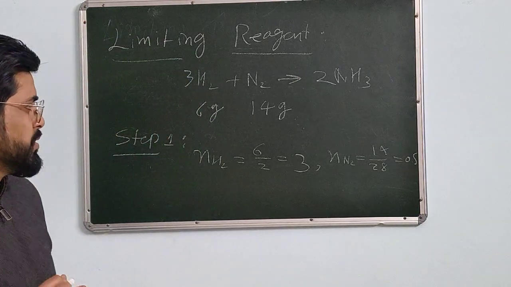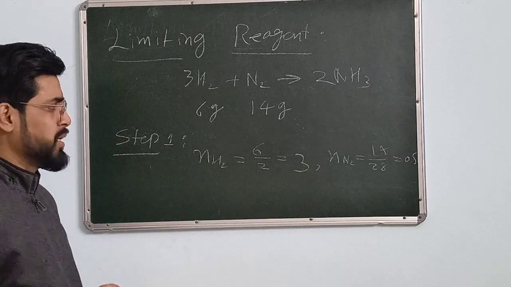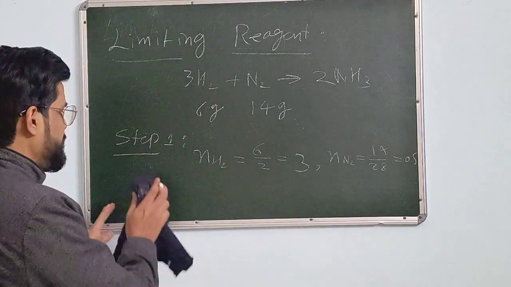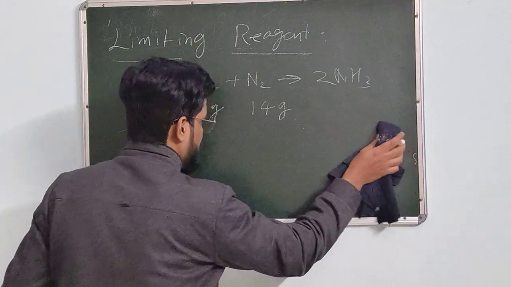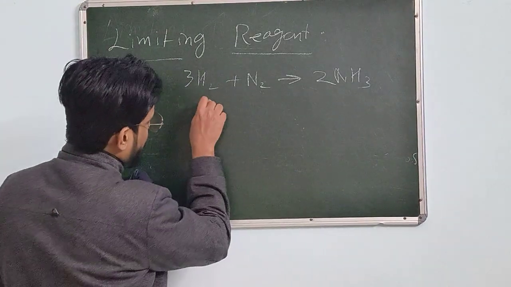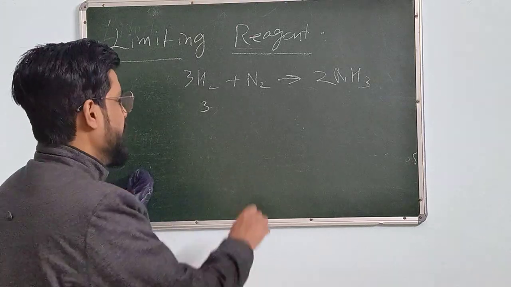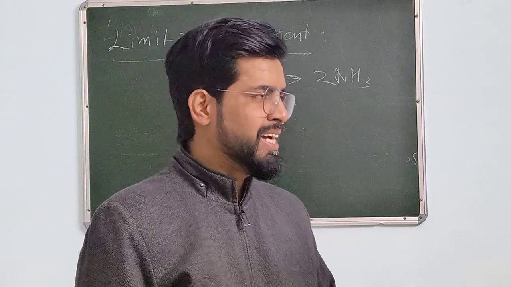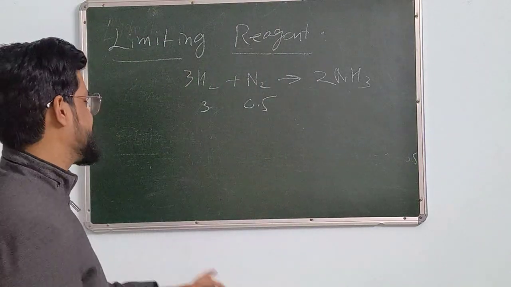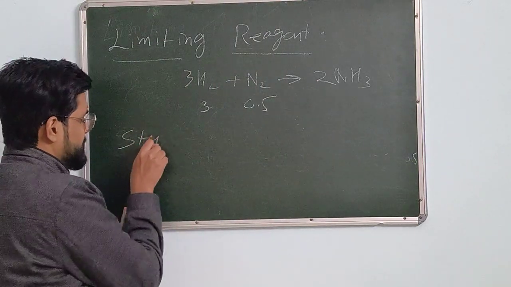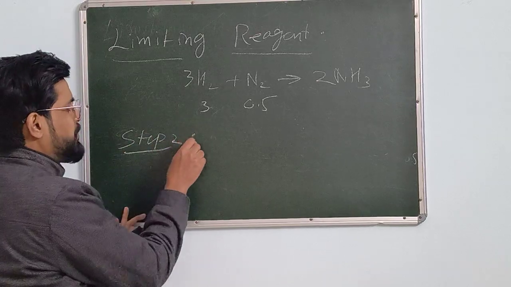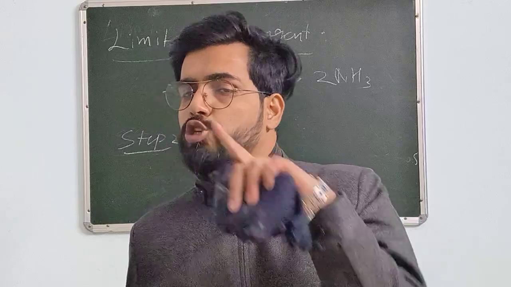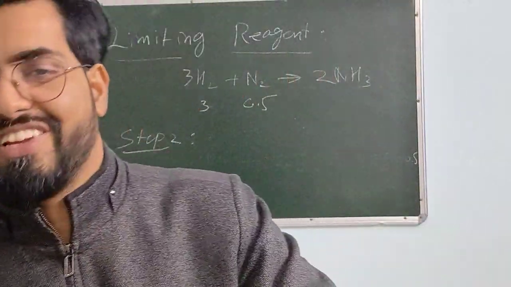Okay. Now, when you get the mole, move to the second step. We got the mole, 3 mole of H2 and 0.5 mole of N2. So step 2 is identifying whether this problem is related to stoichiometry or the limiting reagent.